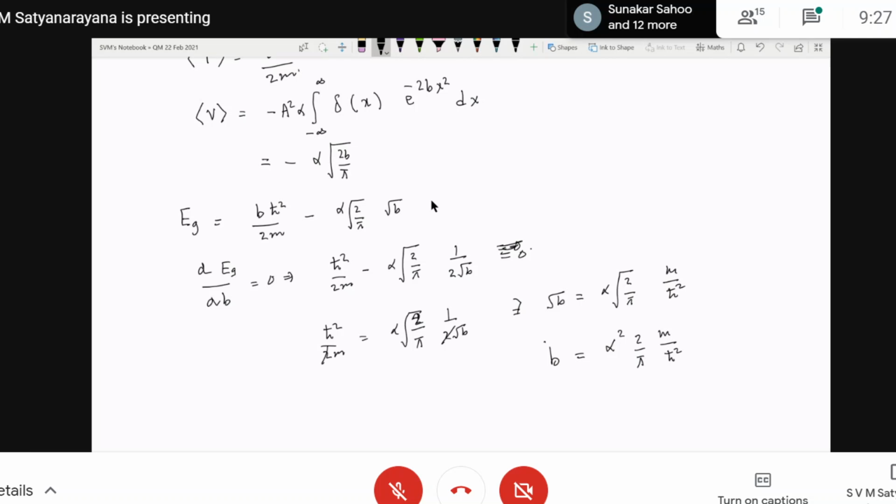So our b is equal to twice m squared alpha squared divided by pi h bar to the power 4. This is the value of b which minimizes E_g.